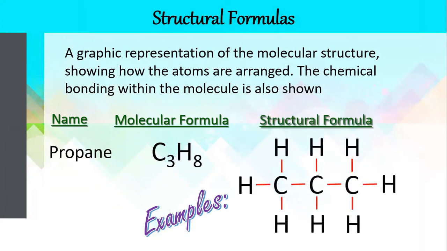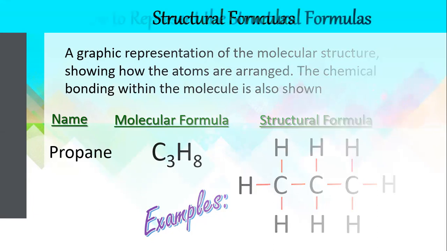But how do we represent structural formulas? Because in our previous lesson, we discussed that we can acquire the molecular formula from the given percentage by mass of different atoms. Now, there are three ways on how we can represent the structural formulas.